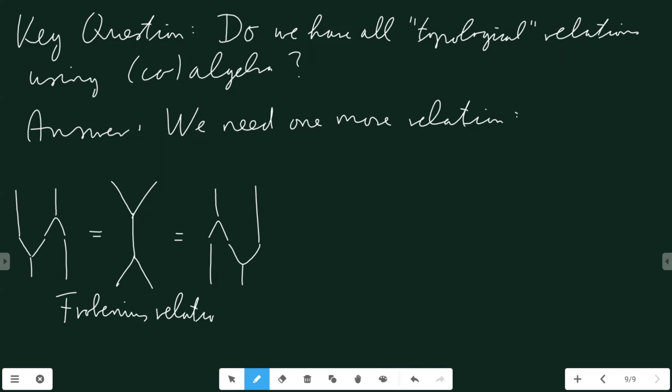Let me draw the picture for you to convince you that this is a completely topological relation. So first, this is the middle picture. This is really just a four-times-punctured sphere arranged in a funny way. So basically what I'm saying is that all arrangements of a four-times-punctured sphere are the same, because it's just a four-times-punctured sphere.